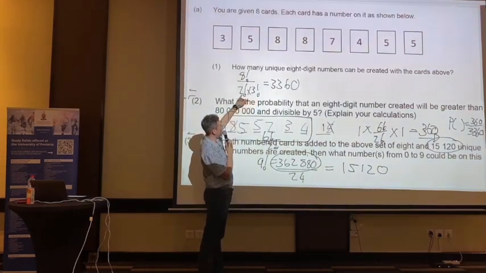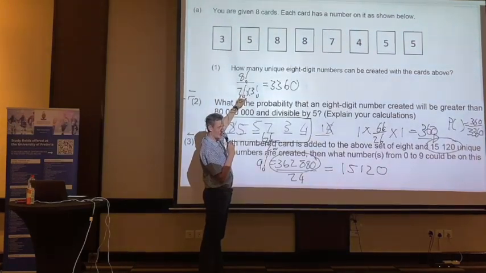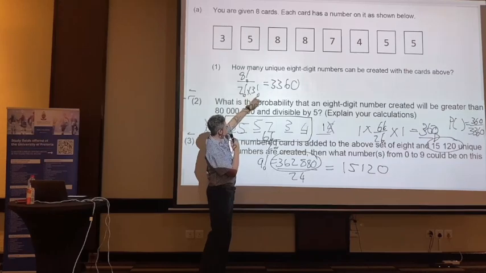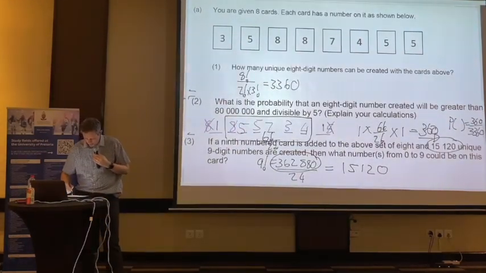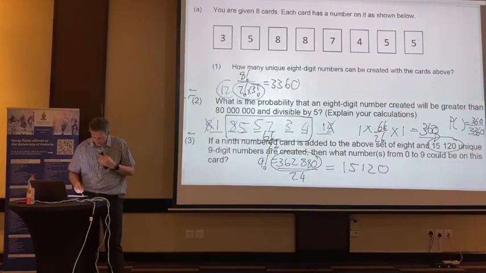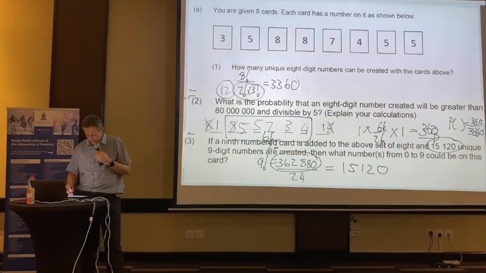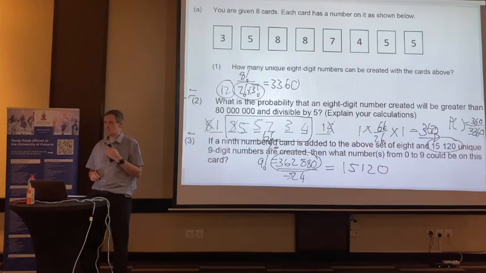If they added another 8, this would have become 3 factorial. But what is 2 factorial times 3 factorial? Ooh. This gives me 12.